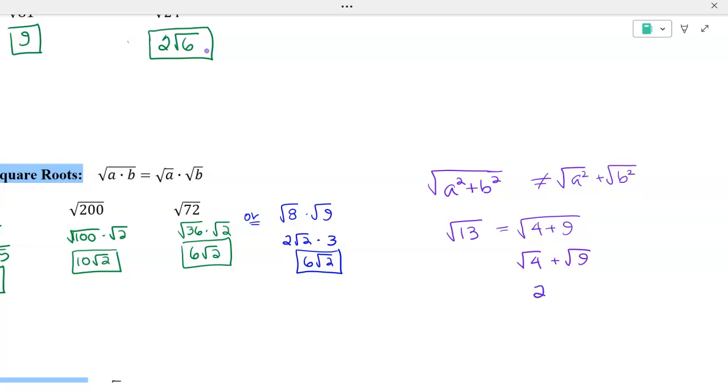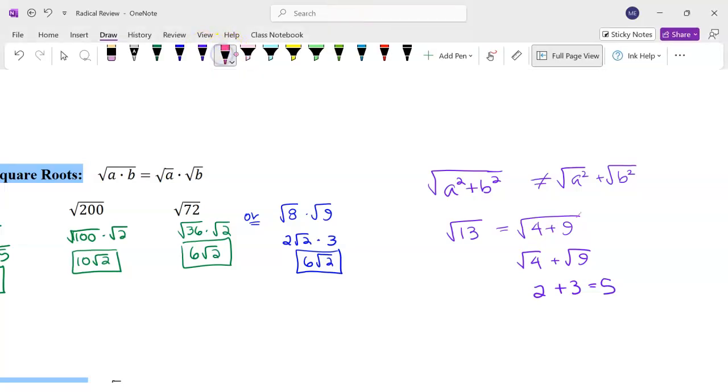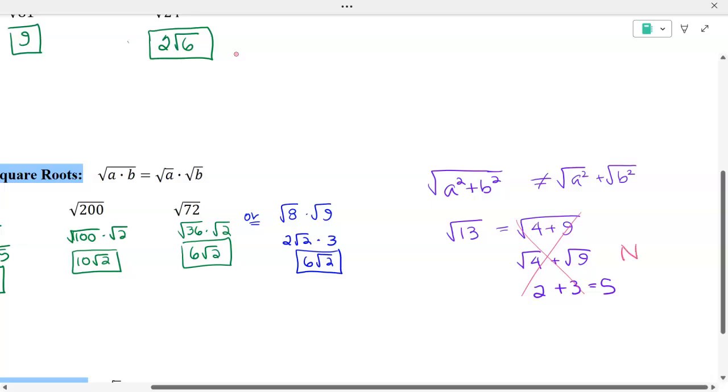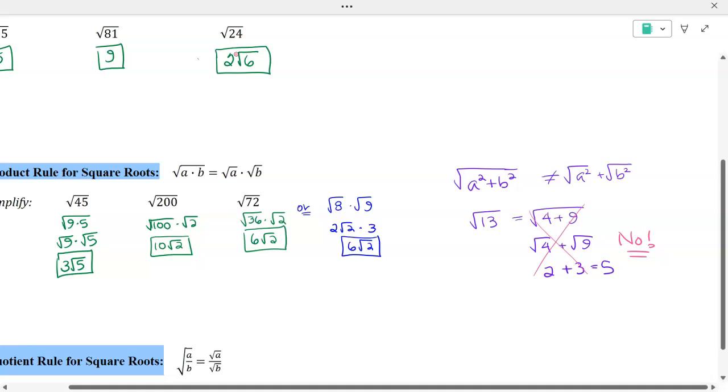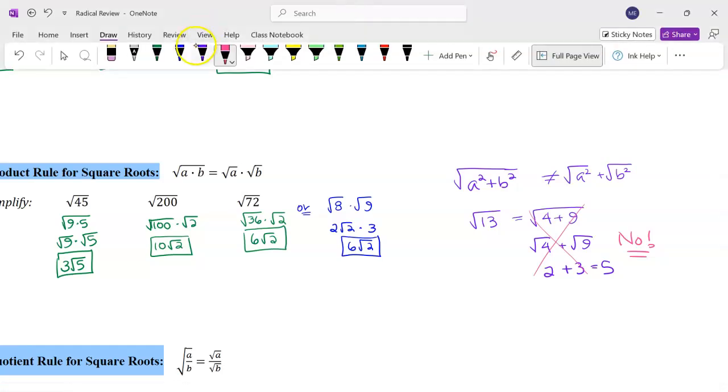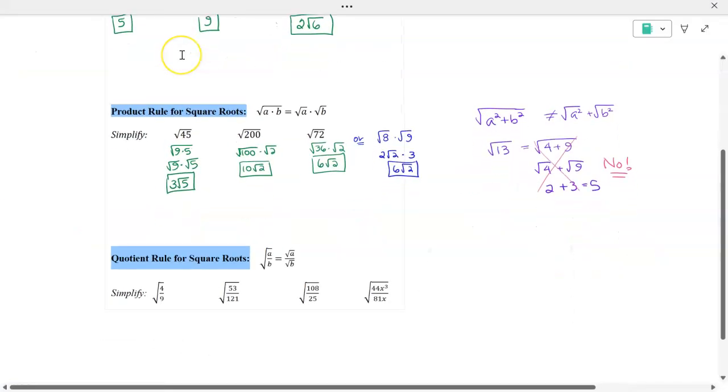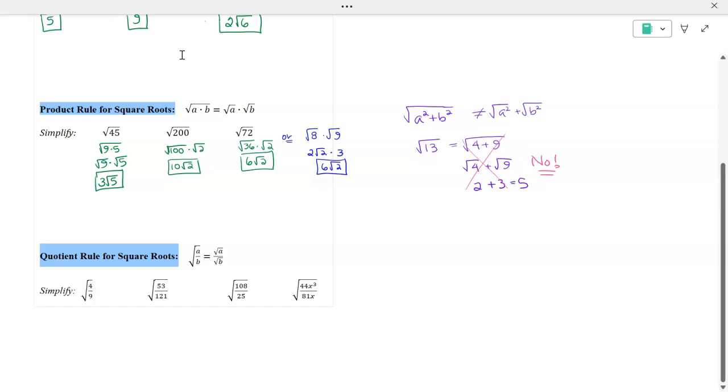We know that the square root of 9 is 3, and that's going to equal 5. And 5 does not equal the square root of 13. So I just want to show you, be really careful here. The only time you can separate these radicals is if you're multiplying underneath the radical, not if you're adding or subtracting.